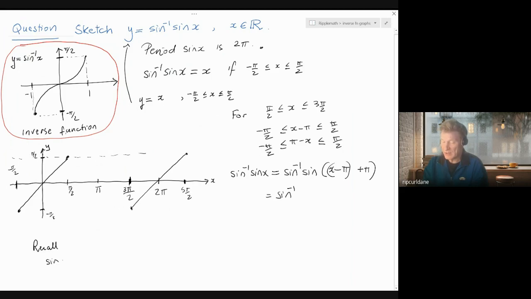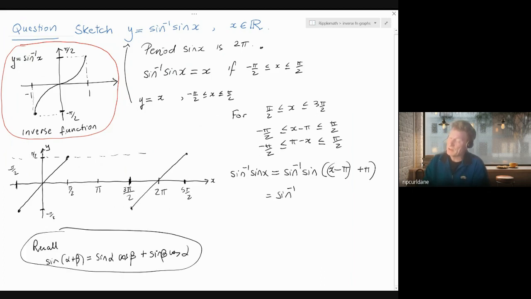sine alpha plus beta equals sine alpha cos beta plus sine beta cos alpha. We're just going to need that one for a tick. So that's going to be sine of x minus pi cos pi plus sine pi, which is 0, of course, cos of x minus pi.